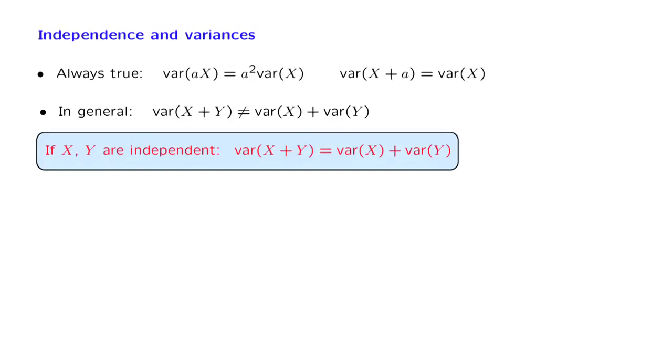Let us go through the derivation of this property, but to keep things simple, let us assume, just for the sake of the derivation, that the two random variables have zero mean. So, in that case, the variance of the sum is just the expected value of the square of the sum.